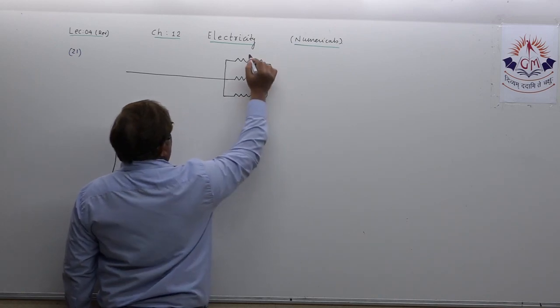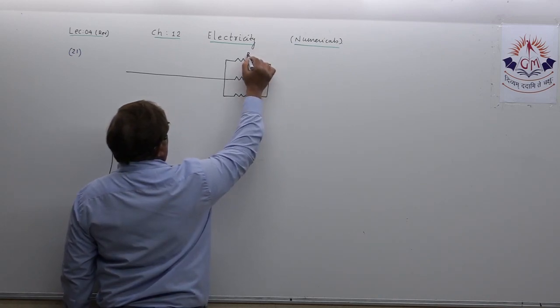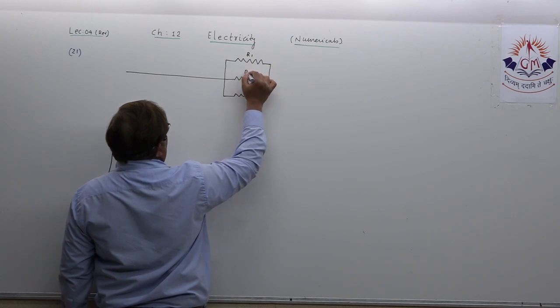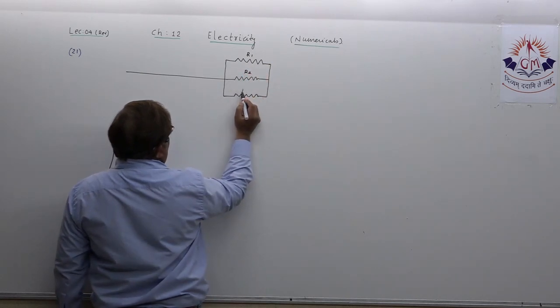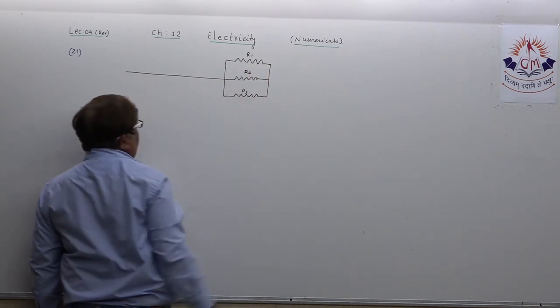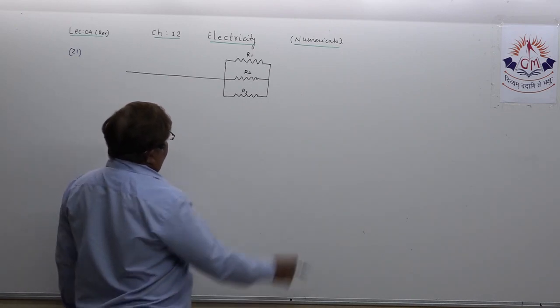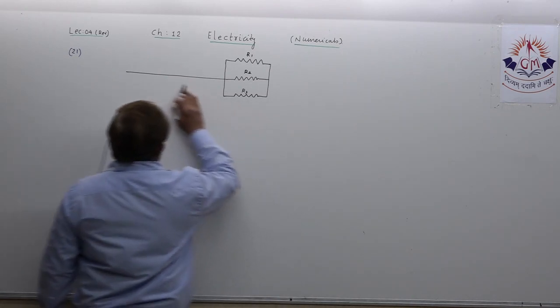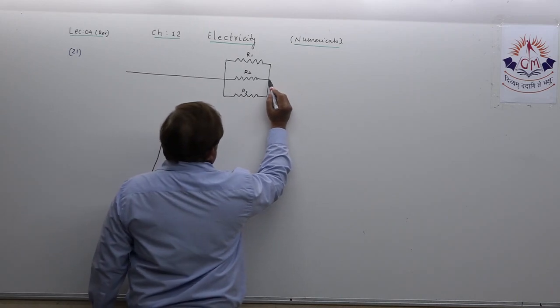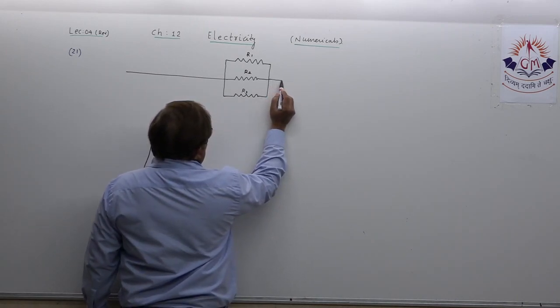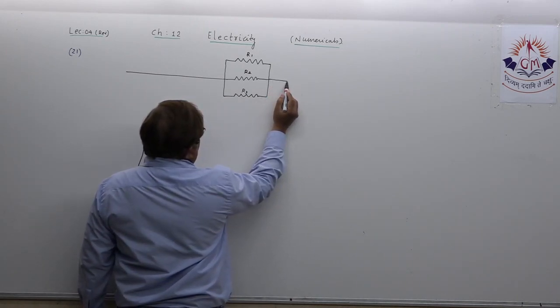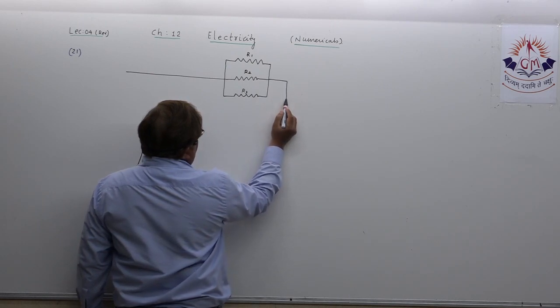You draw the diagram with me. This is R1, R2 and R3. Understand? At the same time, they are again showing here.